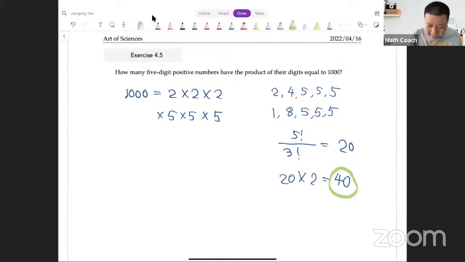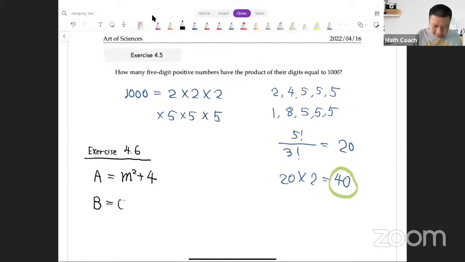Okay, so 69 and 86, please look at my new question. Okay, so now I consider 2 expressions. The first is A equals m squared plus 4. The second number is B equals (m plus 1) squared plus 4.